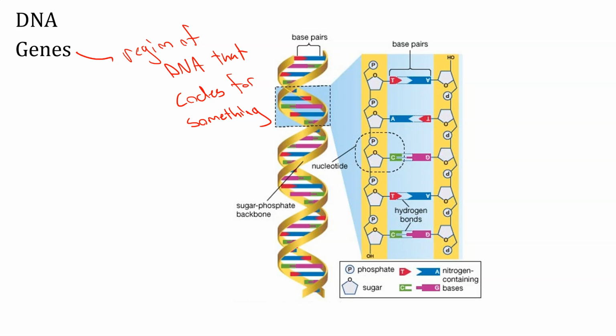So if there's some area, like let's say the area between here and here, where there's a certain sequence of bases that codes for a particular protein, then that would be the protein's gene. Now, not all regions of DNA build stuff. Some regions of DNA are considered spacers, or they serve alternative functions. So not every last base on a strand of DNA is part of a gene, but the regions that do code for things are called genes.